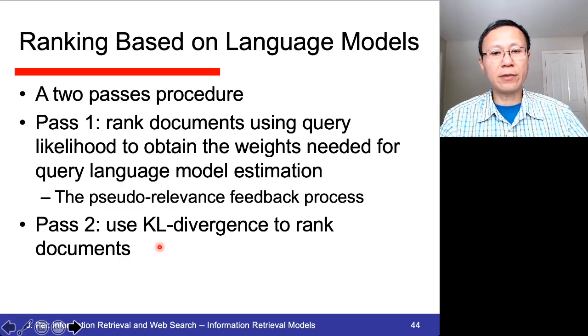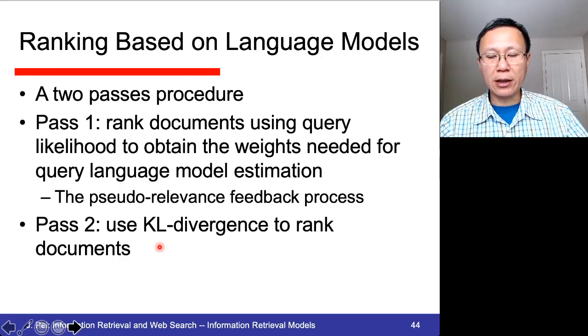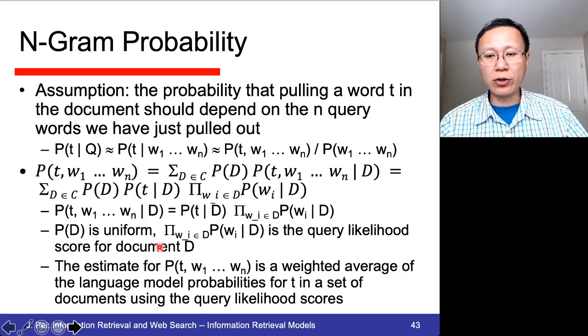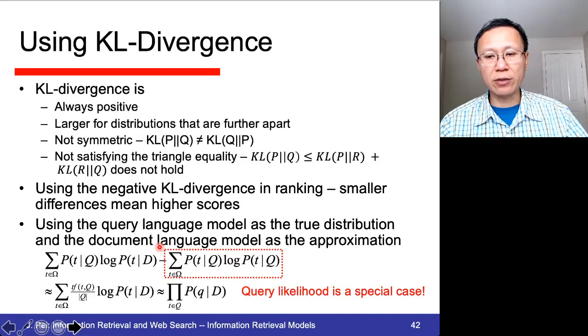In the second pass, we can then use the KL divergence to compute the similarity and then rank documents according to the similarity. Because we want to compare the similarity between the queries and the documents, we use the query language model as the true distribution and vary the document language model.